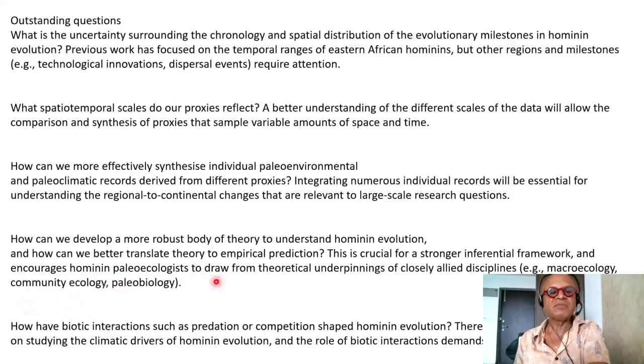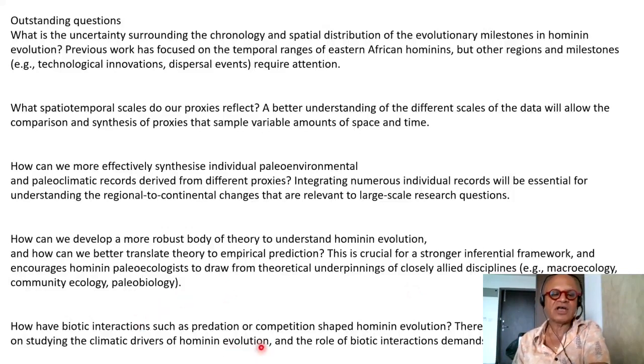How can we develop a more robust body of theory to understand hominin evolution, and how can we better translate theory to empirical prediction? This is crucial for a stronger inferential framework and encourages hominin paleoecologists to draw from theoretical underpinnings of closely allied disciplines such as macroecology, community ecology, and paleobiology.